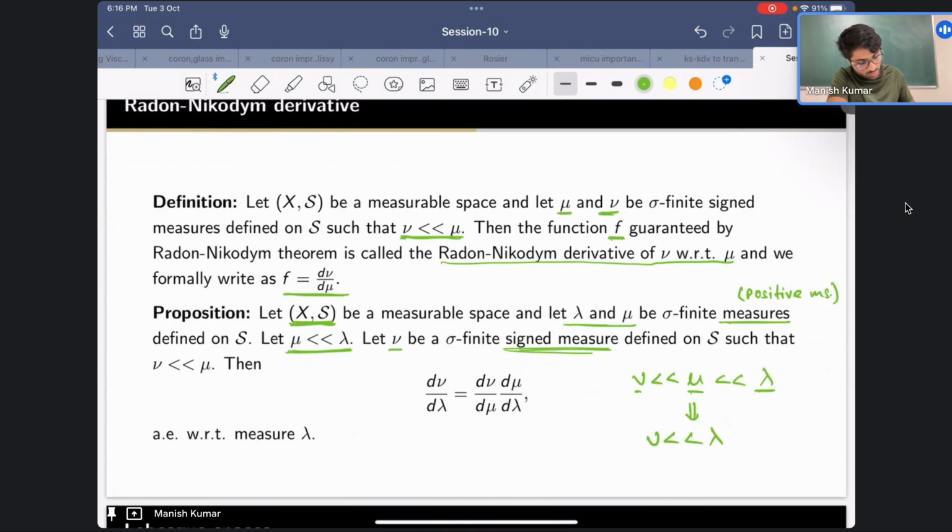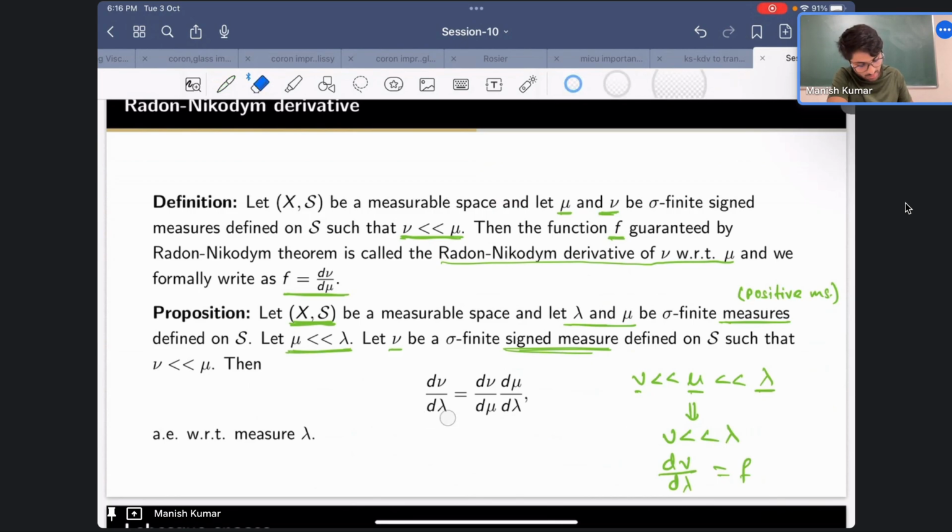From here you can see that d nu by d lambda makes sense; there will exist a function f, guaranteed by the Radon-Nikodym theorem.